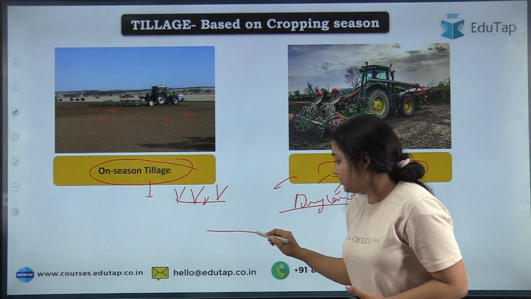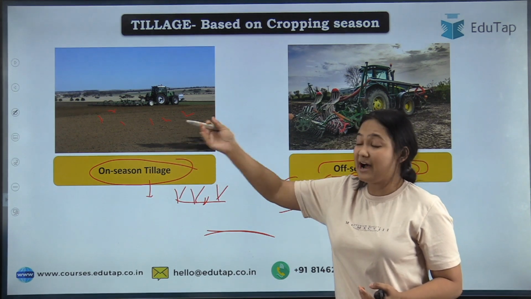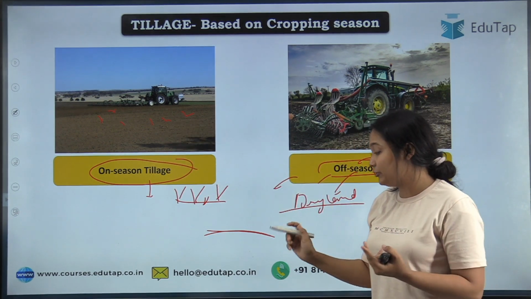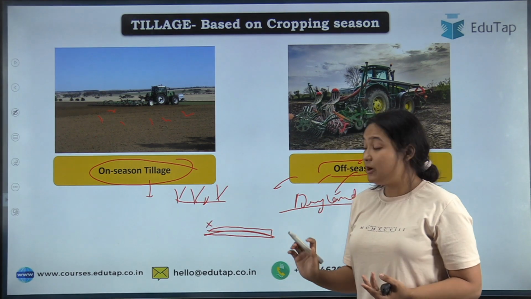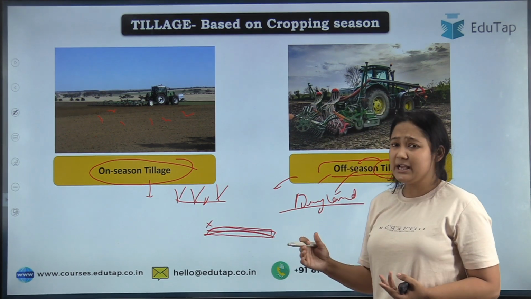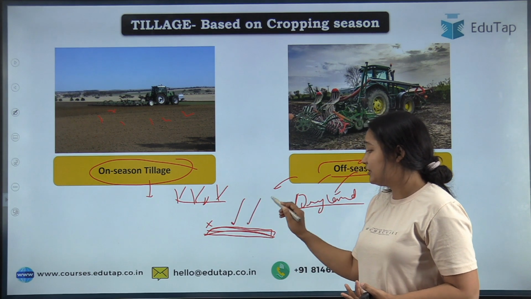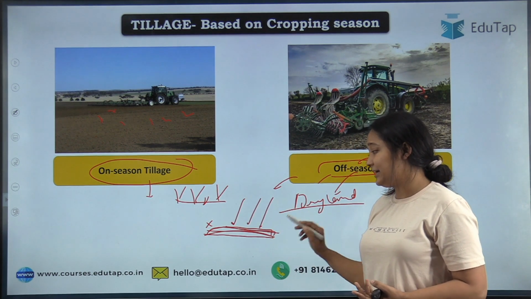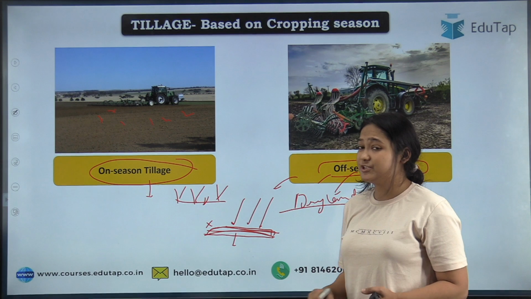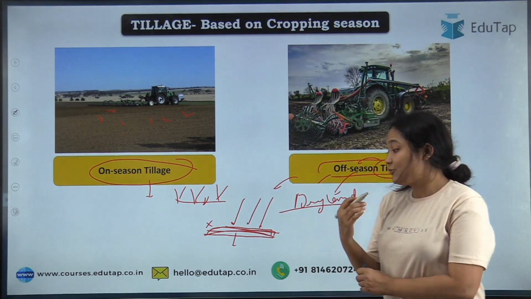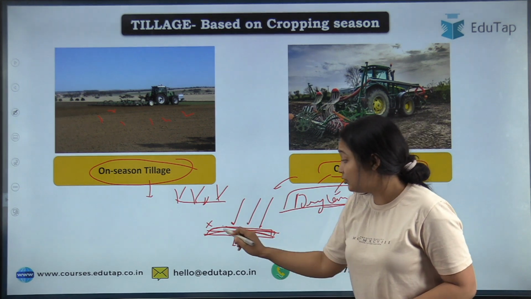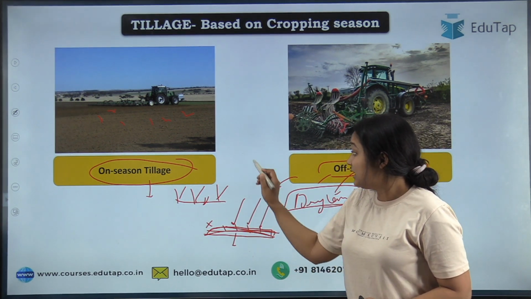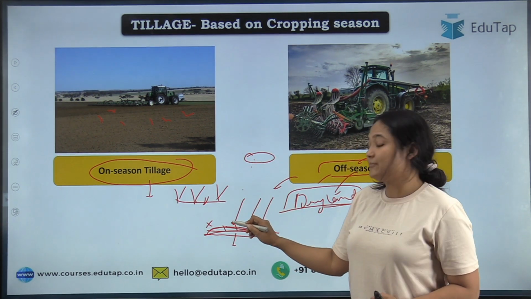So suppose you have harvested your crop, and as I told you before too, after harvesting, if you are not doing anything in your field, what will happen? This surface will become very hard, and the water from the rain will not be able to penetrate this hard layer, and because of that, the soil moisture will drop. Okay, so in dry land condition, you need that soil moisture. So what you will do? You do a tillage. Because of that, forthcoming rain will be absorbed.